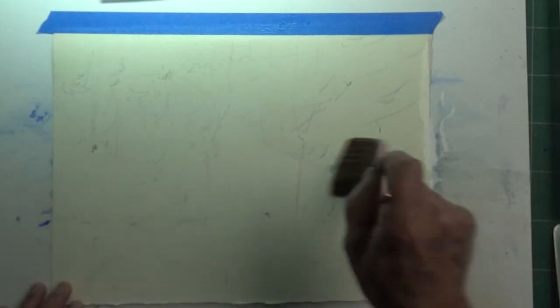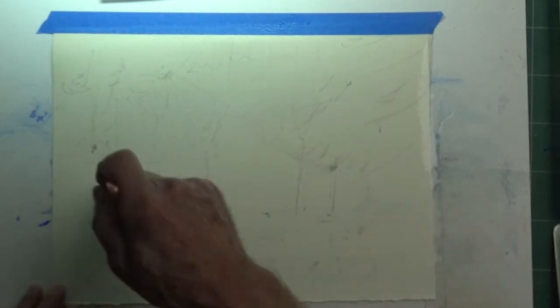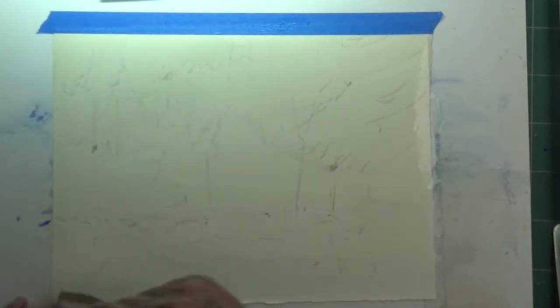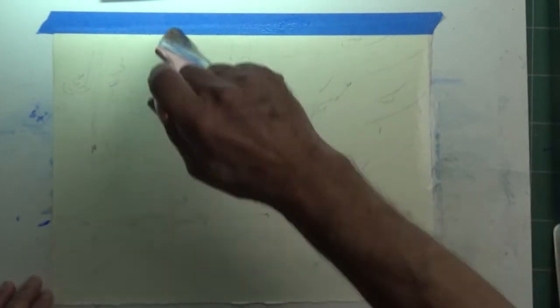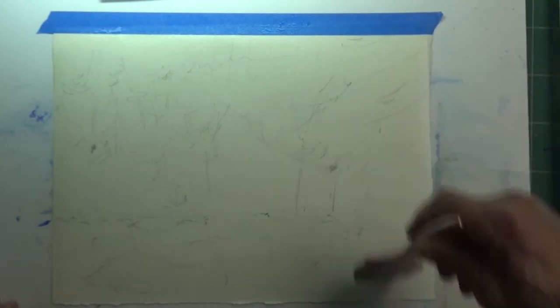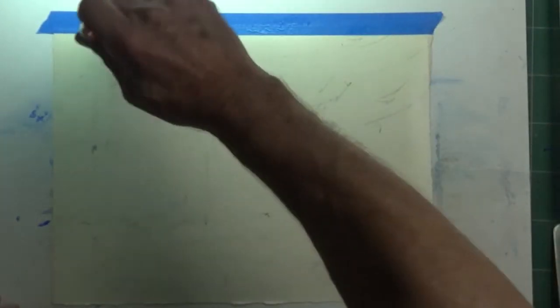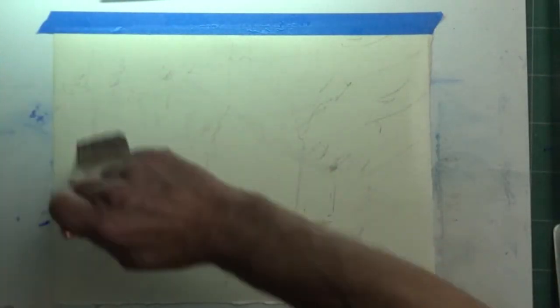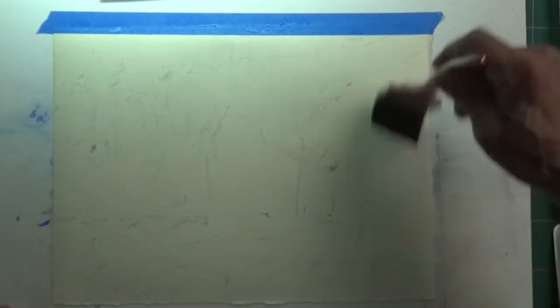We'll thoroughly saturate the paper. I might as well saturate the whole paper. It just makes good sense to do that. I mean, if we're going to end up spraying this a little bit anyway, we'll wet the paper and then we'll start to lay in some cool.